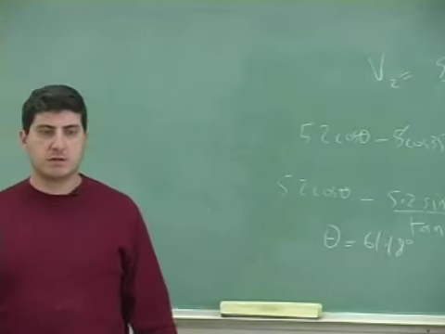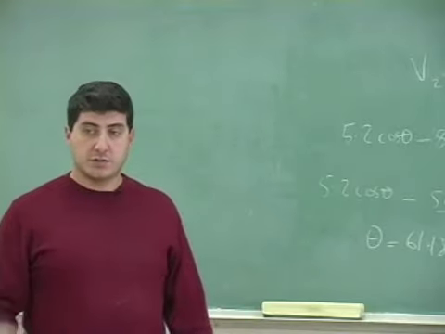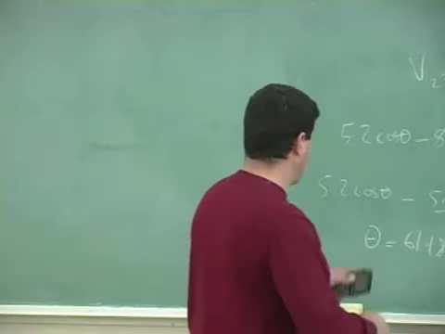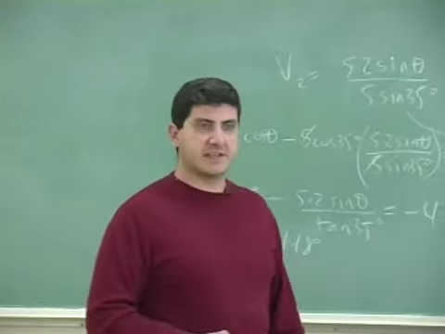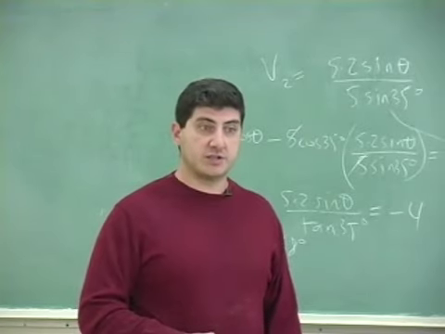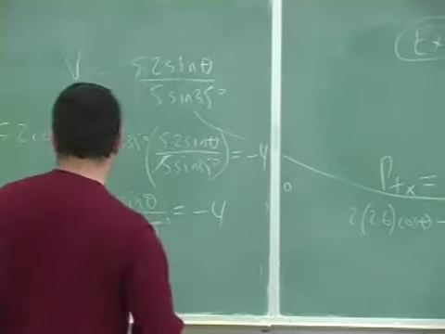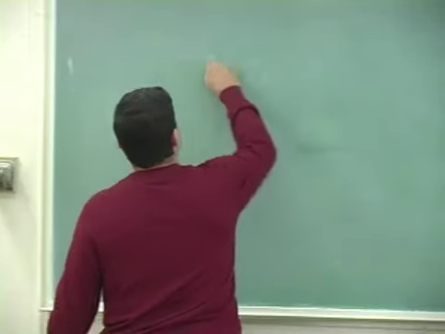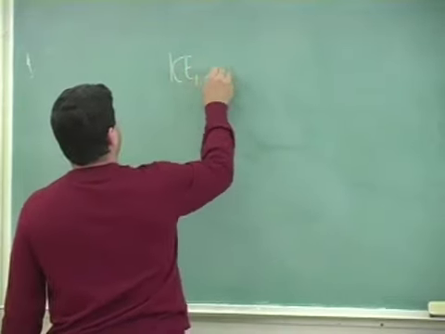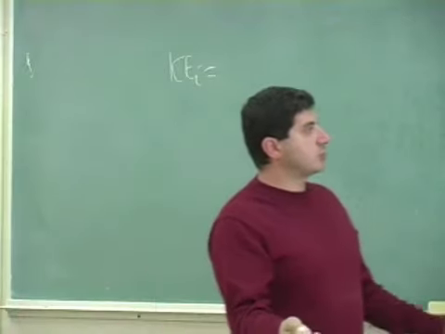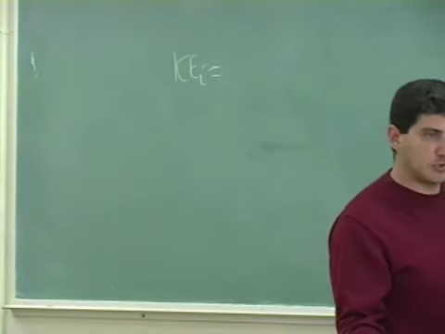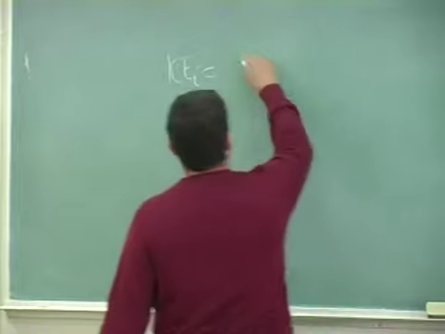Okay? But now, here's what you got to do for this kind of problem. Usually the problem will also ask, find the percent loss of kinetic energy, because this is semi-elastic, right? So you got to find the initial kinetic energy, which is, we're using the same number, so we already know that it's 19 joules.